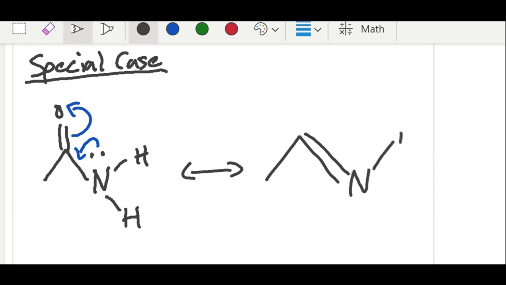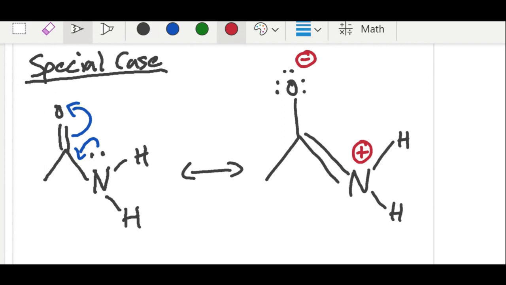Our nitrogen is still there. Our bonded hydrogens are still there. We have a single bond there, and we have a negative charge there, and we have a positive charge here. Okay? So obviously, resonating that lone pair does make the structure less stable, but we are only talking about hybridization.